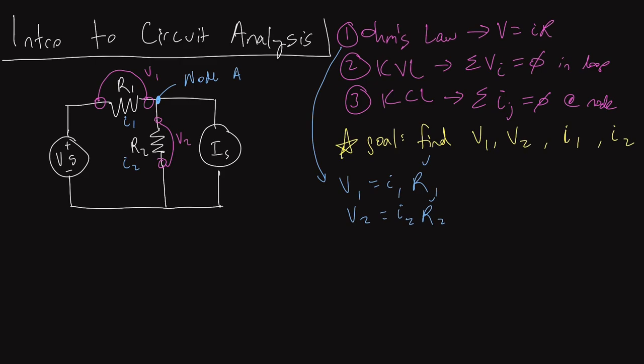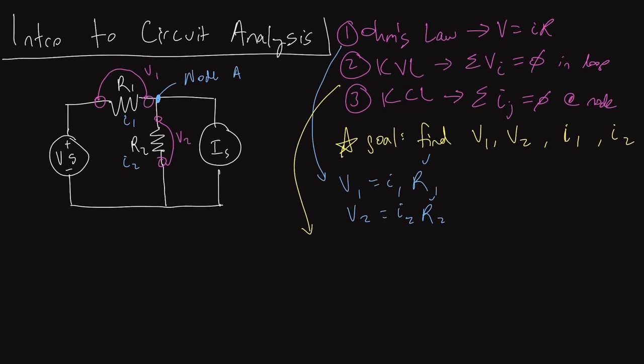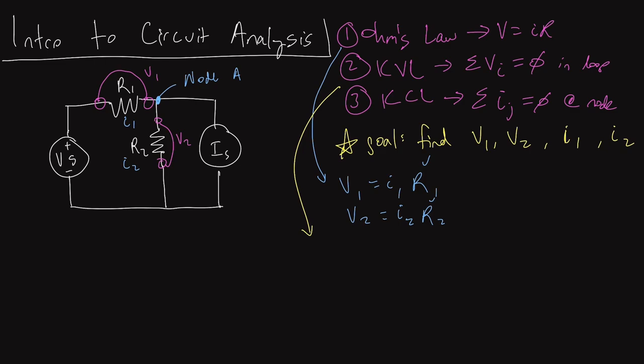What we're going to do next is turn to Kirchhoff's voltage law, KVL. I'll try to use different colors here. What this tells us is that in a loop, the sum of all voltages has to be 0. So in this loop right here between our voltage source, R1 and R2, the sum of these voltages has to be 0. I'll just write the sum of V sub i must equal 0 right there.